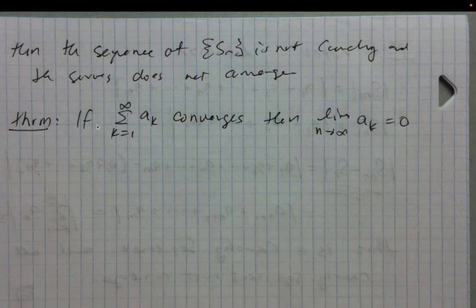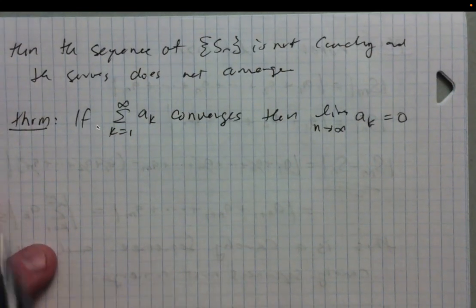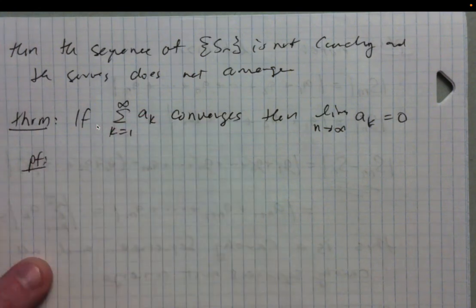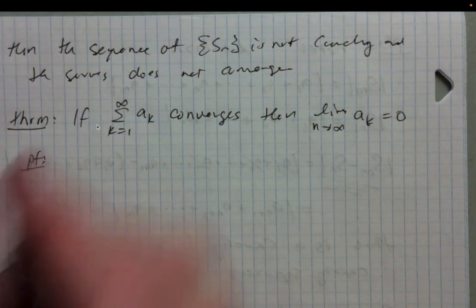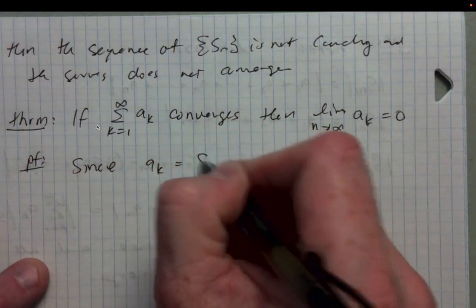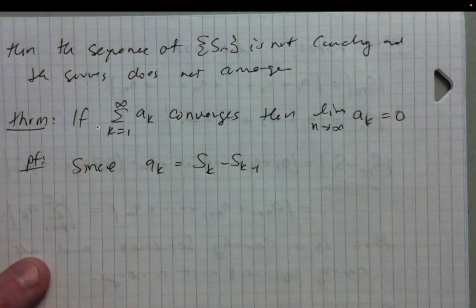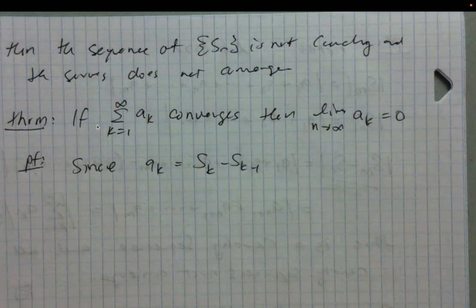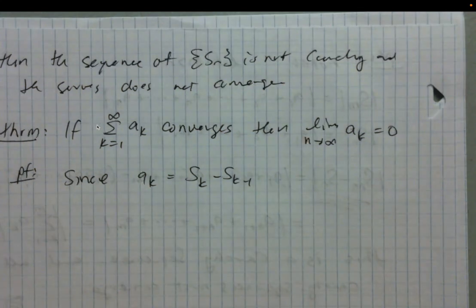Now the proof follows from the Cauchy criterion. We won't go into it in detail, but basically, since a sub k is just s sub k minus s sub k minus 1, the kth term is just the difference between the kth partial sum and the k minus 1 partial sum.